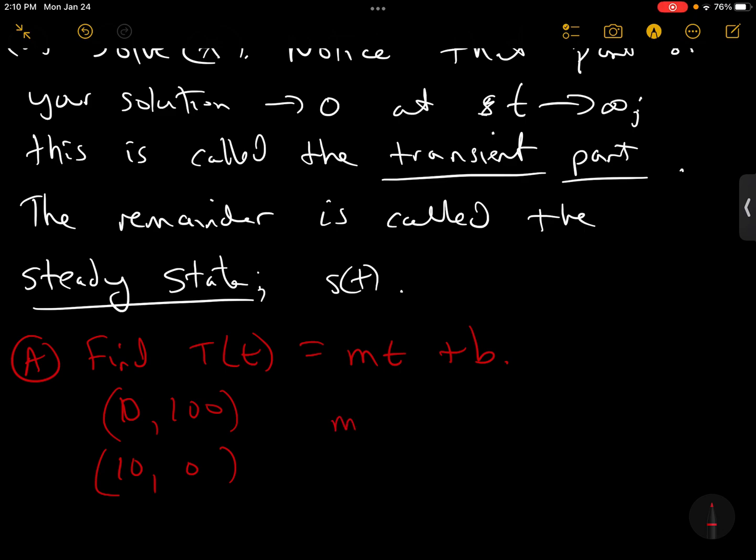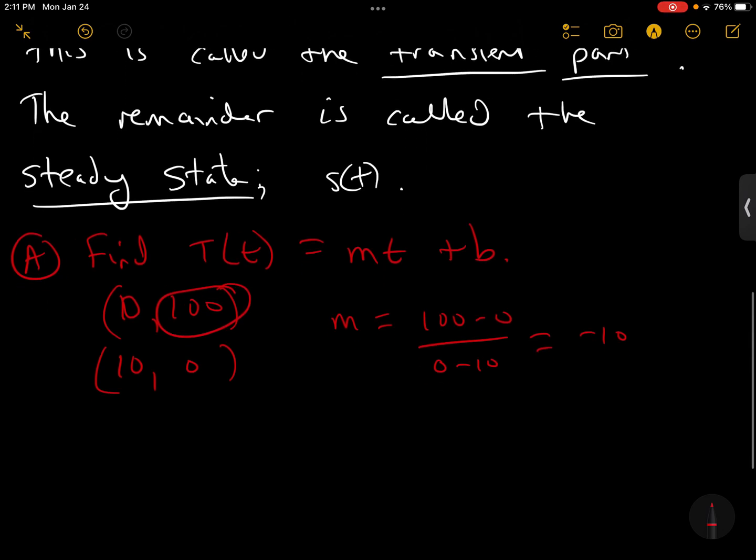So what's our slope? Our slope is 100 minus 0 over 0 minus 10, which is negative 10. And the y-intercept is sitting right there. So here's capital T. It is minus 10t plus 100.